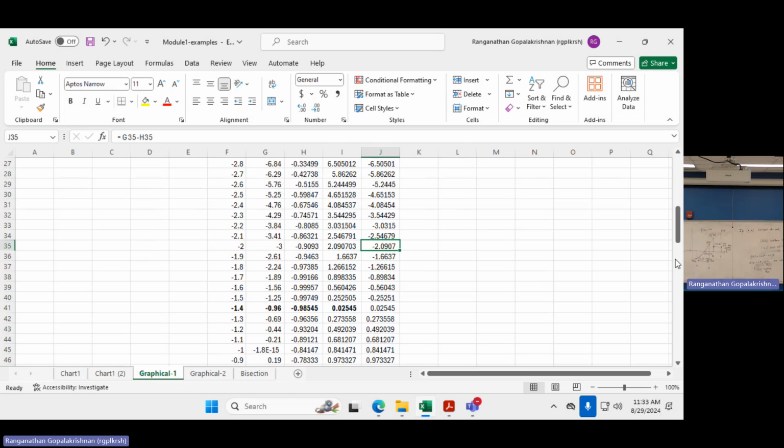Are we all together? No one's feeling lost? Because if you are, you should kind of slow me down for me to try something else. You can also check the other range, 0 to 2. F of 0 multiplied by f of 2 is 1 multiplied by, what is f of 2?